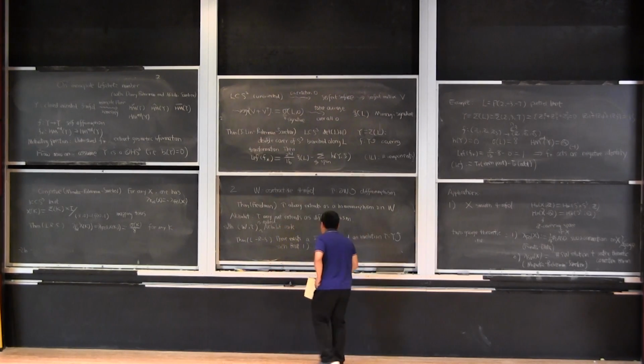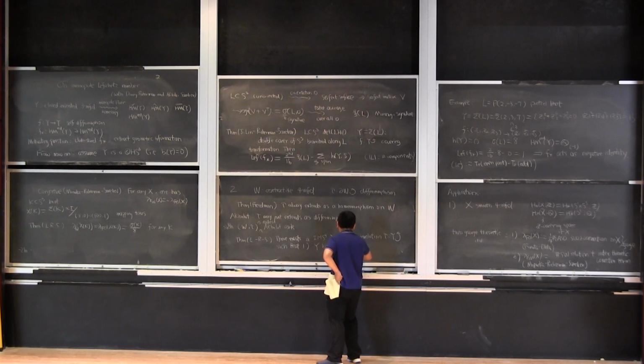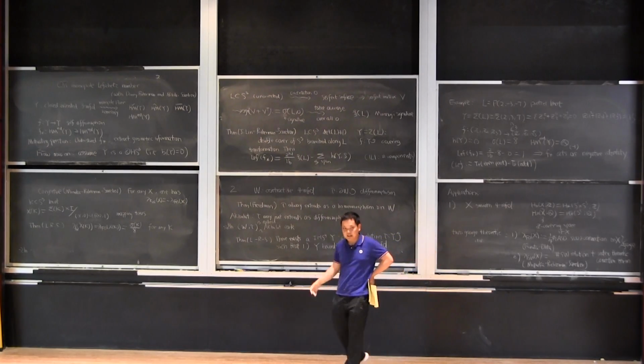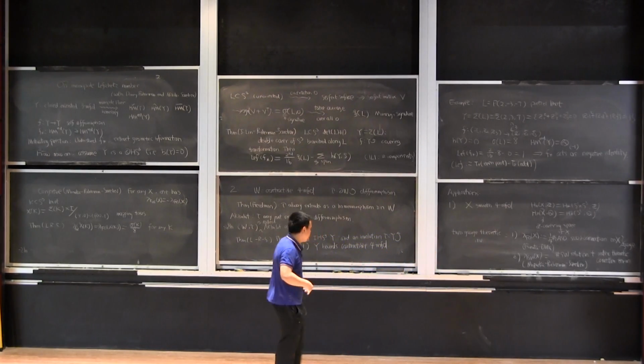First one, Y bounds contractible four manifolds. So potentially Y can be the boundary of some Akbulut cork.